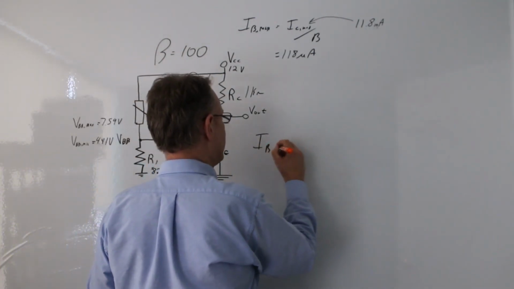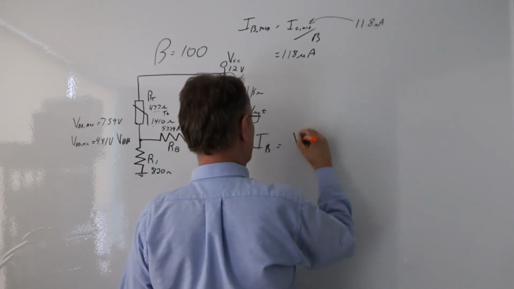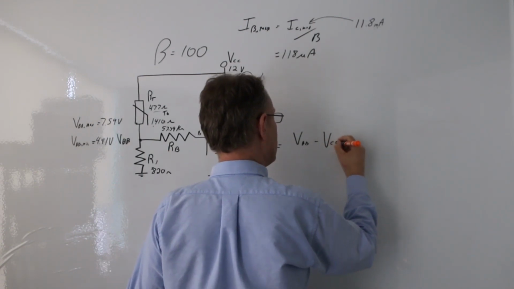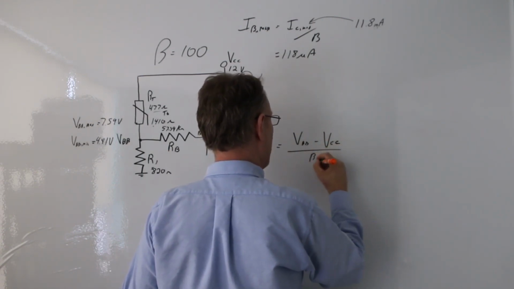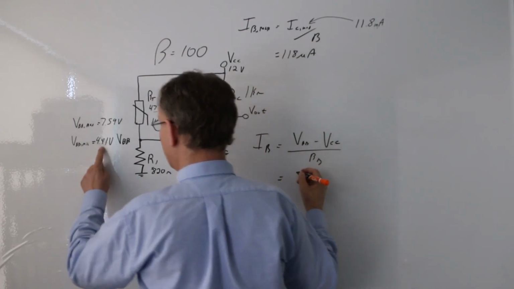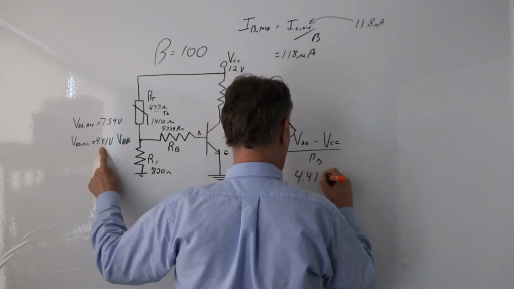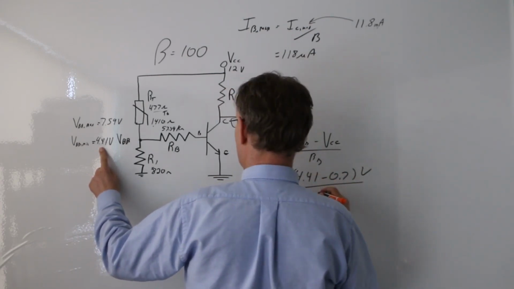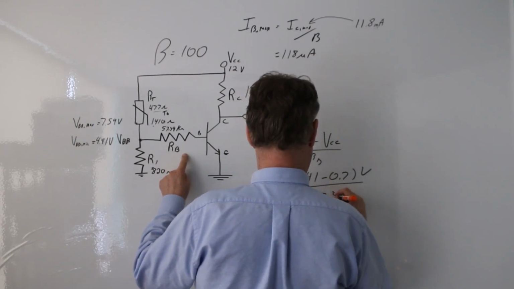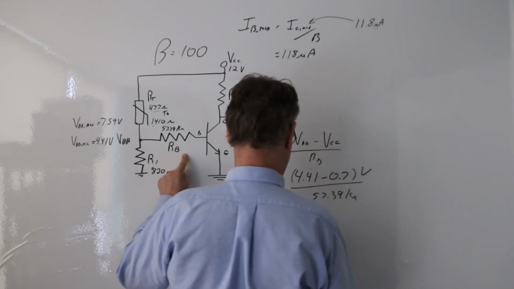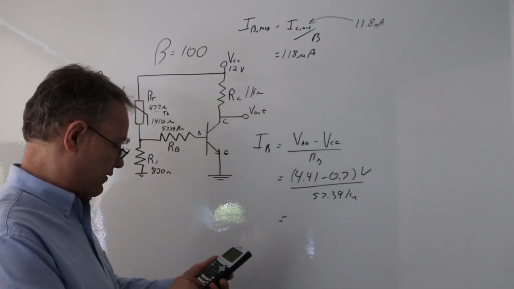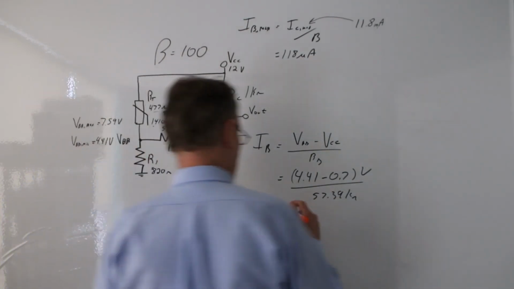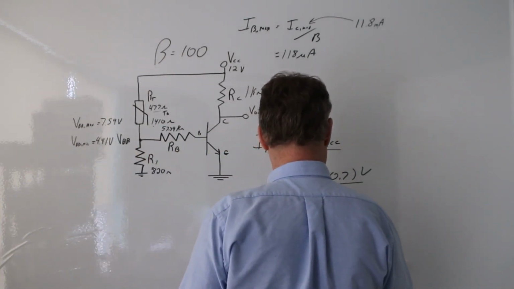My IB is actually going to be equal to my VBB minus my VCE divided by my RB, and in that case I'm dealing with this low number, 4.41 minus 0.7 volts divided by, in this case, 57.39 kilo ohms, and that value to the exponent 3, that equals 64 microamps. Okay, good. So I'm at 64 microamps.